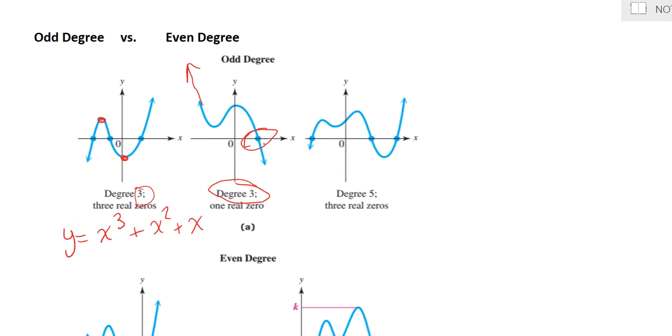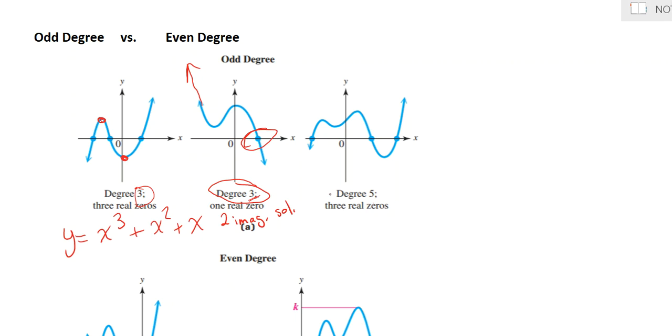Now, if it only has one real solution and has a degree of 3, that means it would have 2 imaginary solutions. They should always total up to the degree. And what we talked about a little bit last section is that there should be an even amount of imaginary numbers because they should be conjugates to cancel each other out to get real numbers.